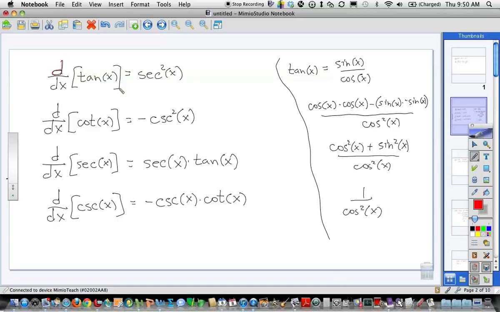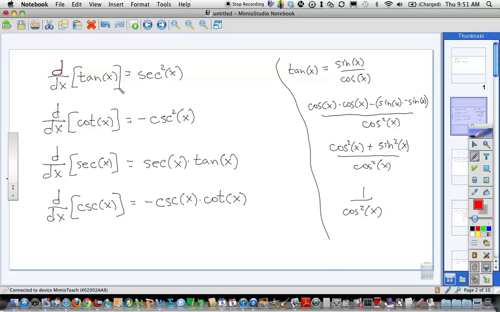Cosine, cosecant, and cotangent are called the cofunctions of the 6 trig functions. There's sine, there's tangent, and there's secant, and then there's their cofunctions, which are cosine, cotangent, and cosecant. And the cofunctions are all the ones that are negative. So derivative of sine is cosine.